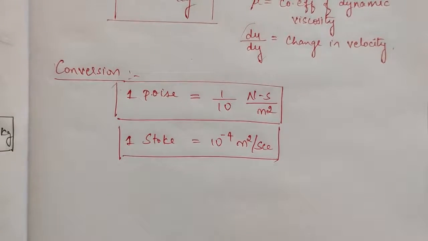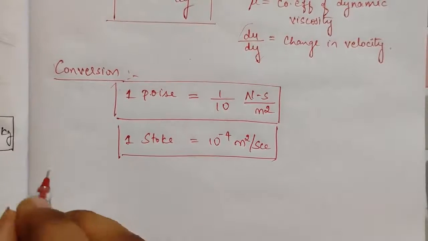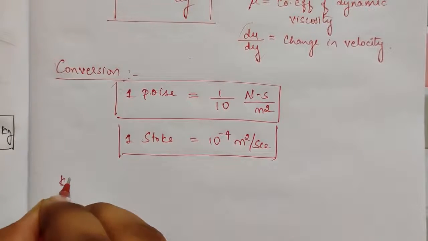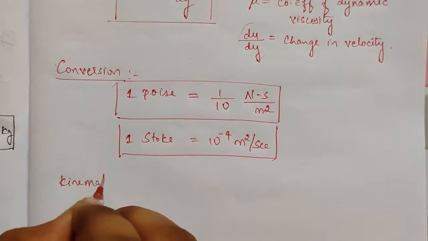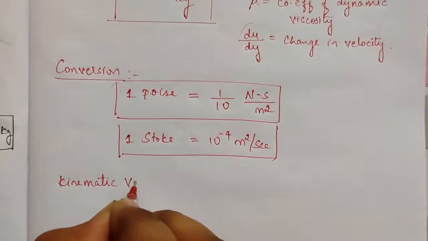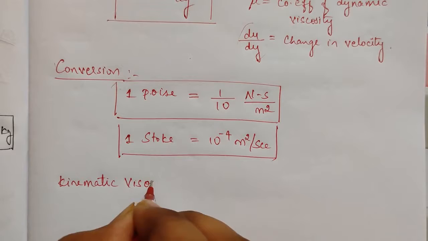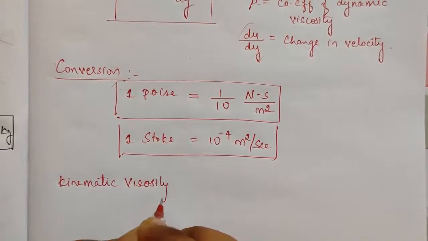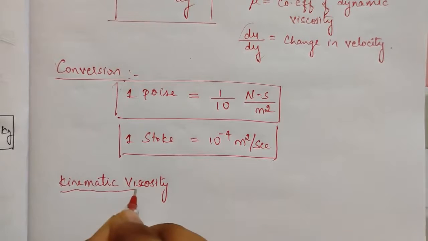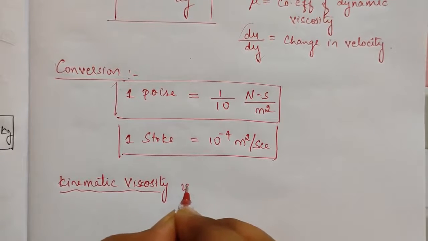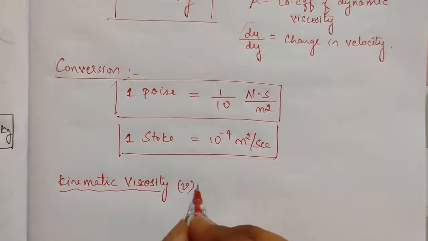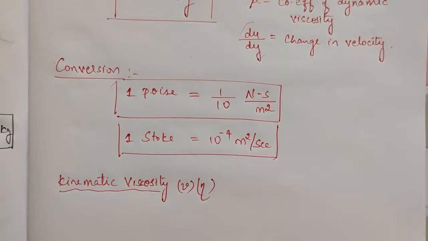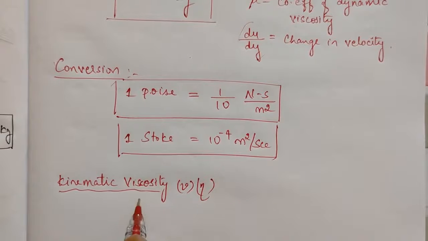I'll tell another formula for you. You will have another term like kinematic viscosity. In some textbooks it is referred to as small v, and in some it is written as eta. So what is the formula?